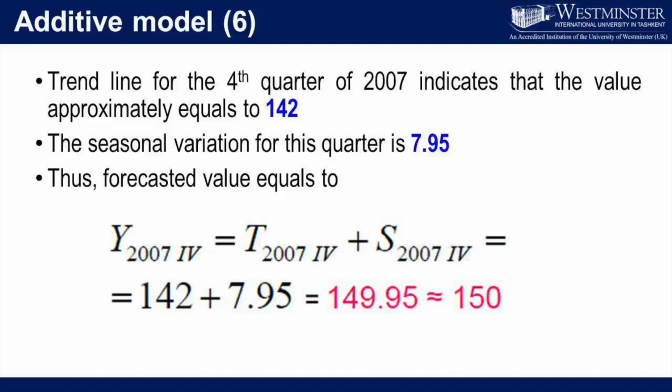So now you can say that in the fourth quarter of 2007, our sales will be equal to almost 150. See, it says in thousands, 150,000 computers.